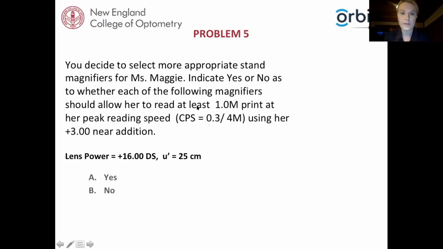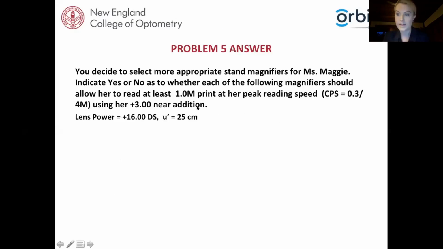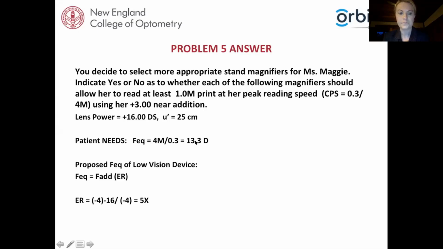So the way we work this through is to consider our estimate of the equivalent power required for this patient to read at her peak reading speed. We take our critical print size, invert it, and we get 13 diopters that the patient requires. Now what is the equivalent power of the proposed low vision device?